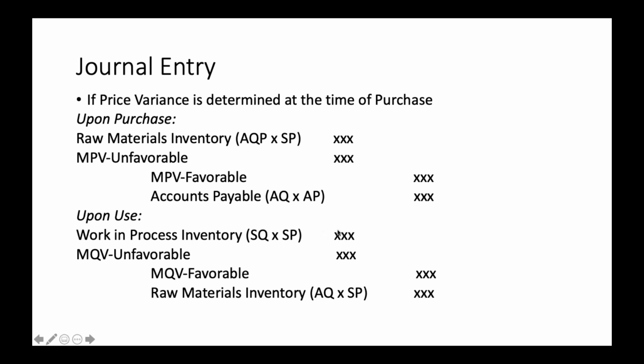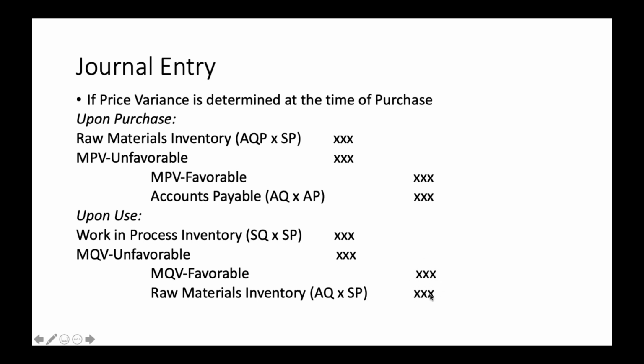Again, say for example, our standard number of units to be used to produce 1 unit of product is 10, and in actual, what we use is only 9. So we have a difference of 1 unit of raw materials, and that is favorable to us because we were able to use less than our standard. So that's material quantity variance, favorable, credit.